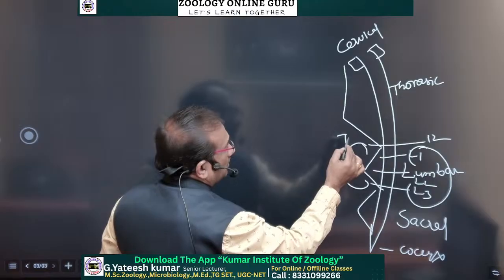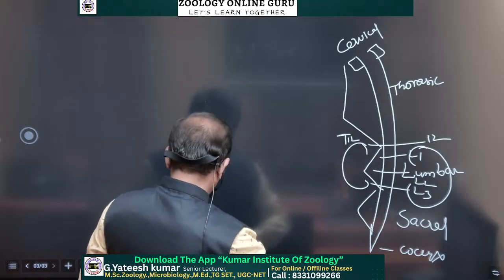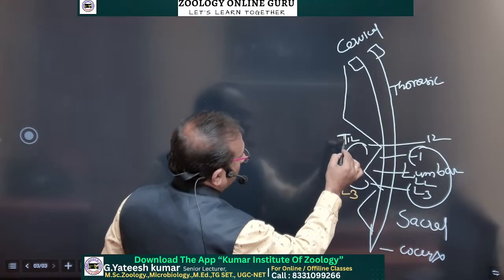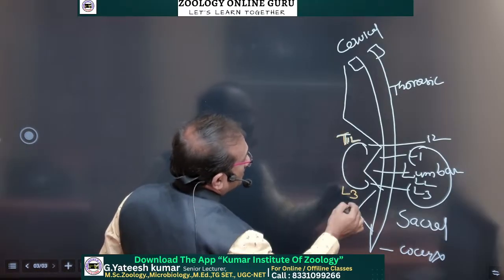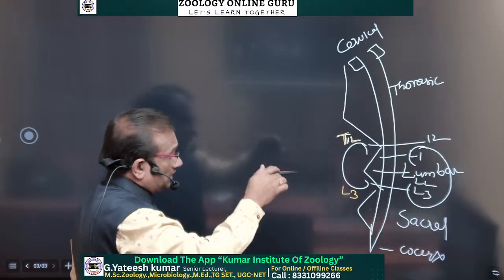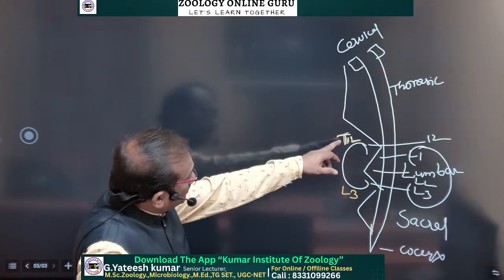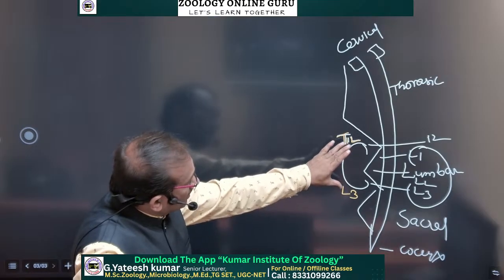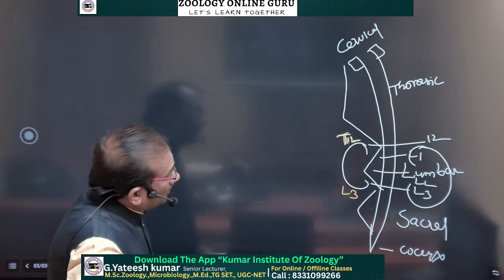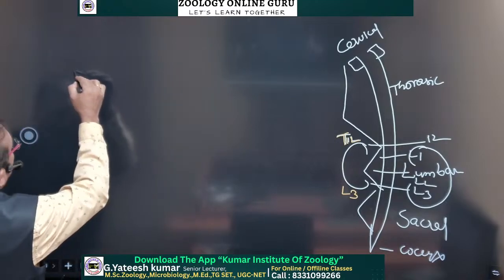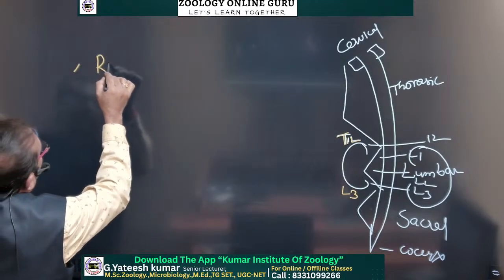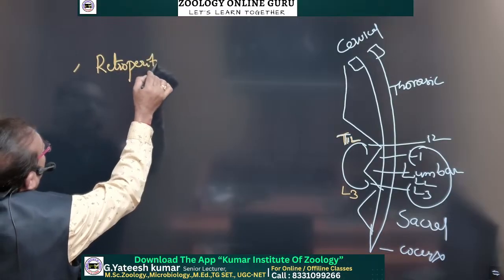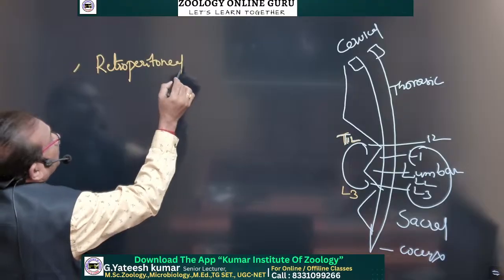So between T12 and L3, that is, the last thoracic vertebra and the third lumbar vertebra, the right and left kidneys are located. These kidneys are also known as retroperitoneal organs.